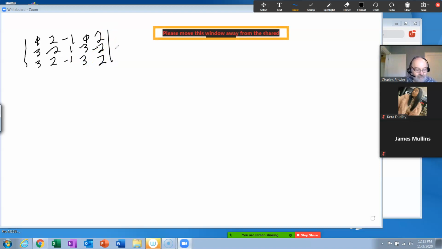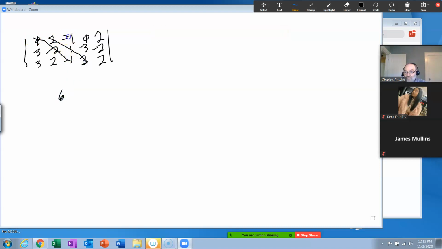That one we had already determined is going to have a 0 determinant. Let's do our lines down here. That would be a 0, this will be a 6, and this will be a -6.